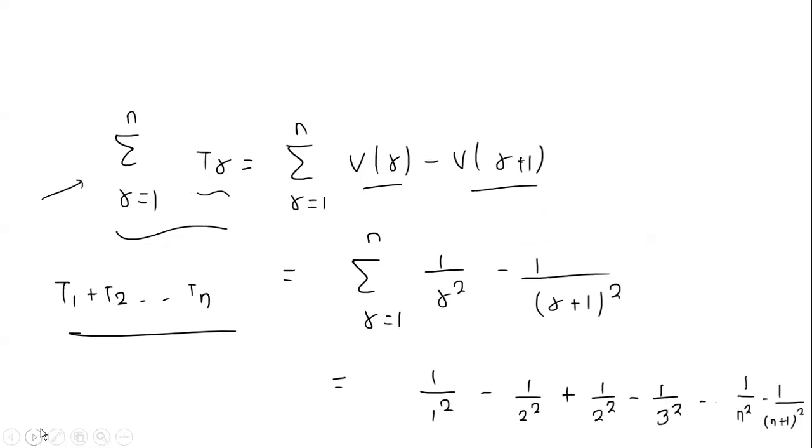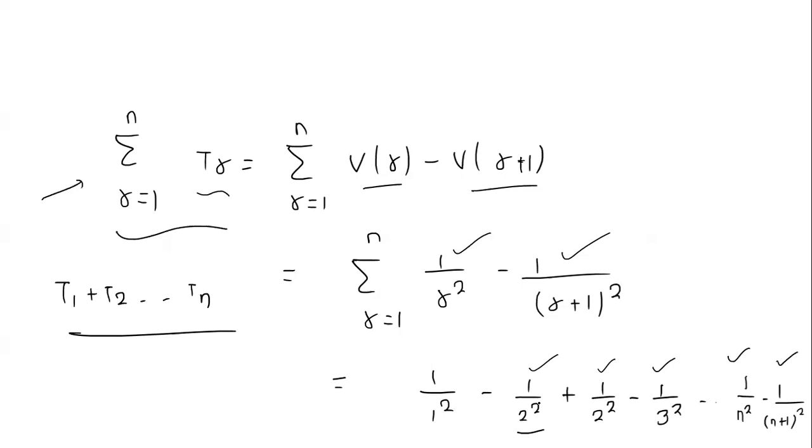And now if you put different values of r, it will become 1 by 1 square minus 1 by 2 square, because we know V of r is this and V of r plus 1 is this. If you put r is equal to 2, it will become 1 by 2 square minus 1 by 3 square. And if you put r is equal to n, it will come 1 by n square minus 1 by n plus 1 whole square.